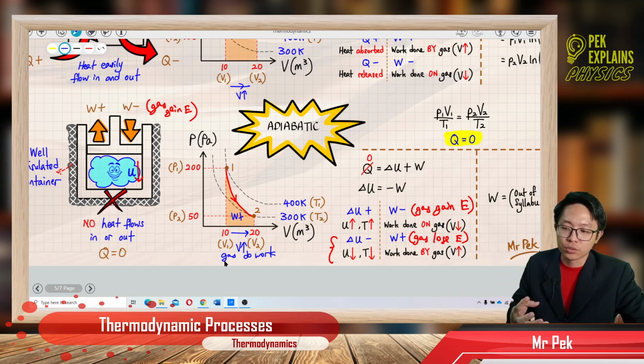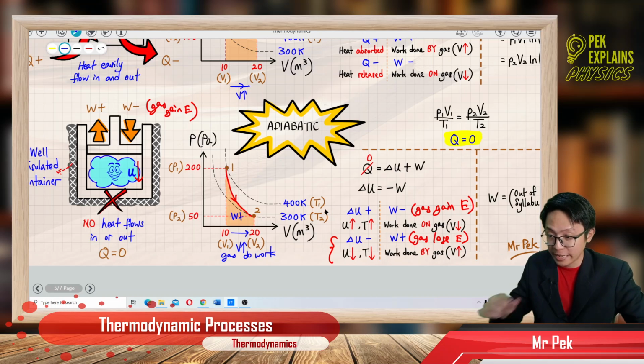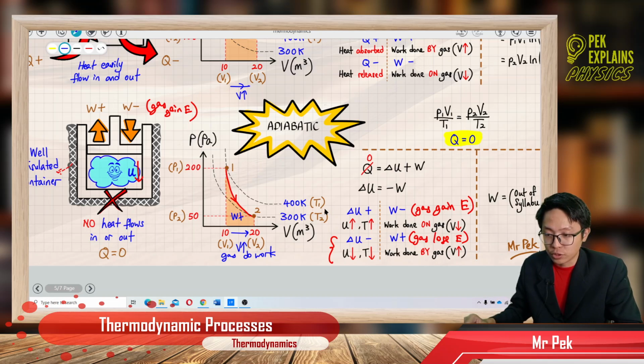So the gas only has to use up its own internal energy to do work. When it uses up its own internal energy, the internal energy will decrease. So that's why the graph will drop to a lower temperature line. Do you see that?